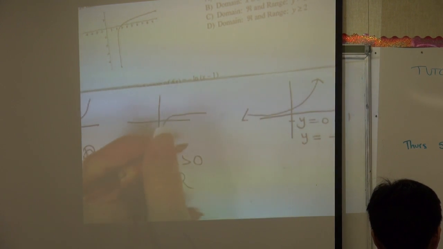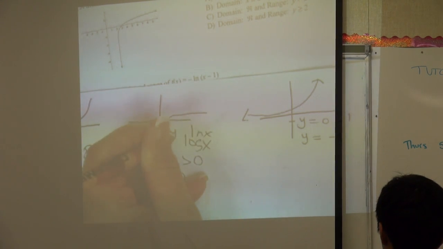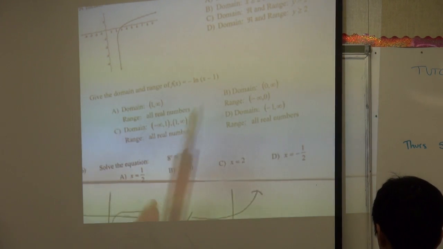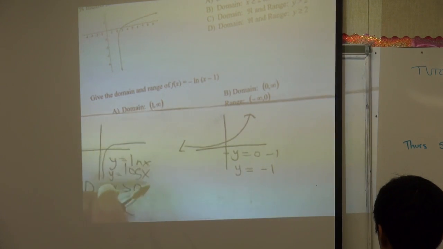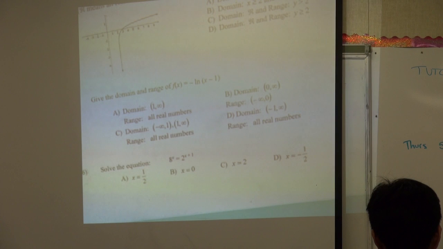So the parent function of log x or natural log x has a domain that x is greater than 0. This one had a horizontal translation 1 unit right. That means its domain went 1 unit right. So its domain is x is greater than 1. What does that make the correct answer then? Okay.